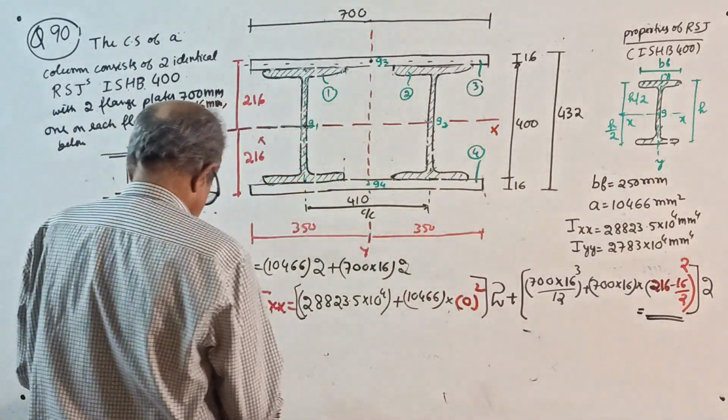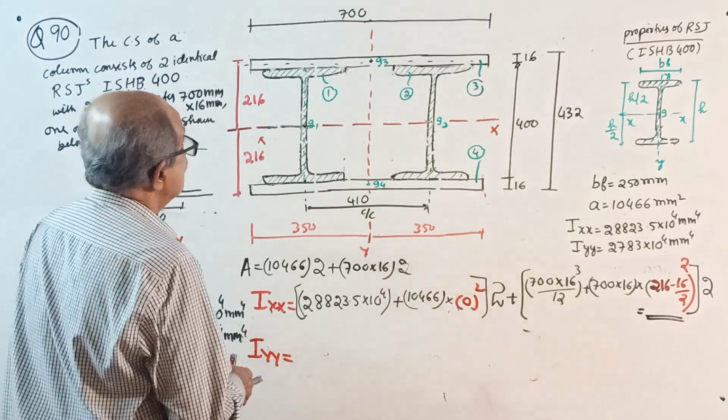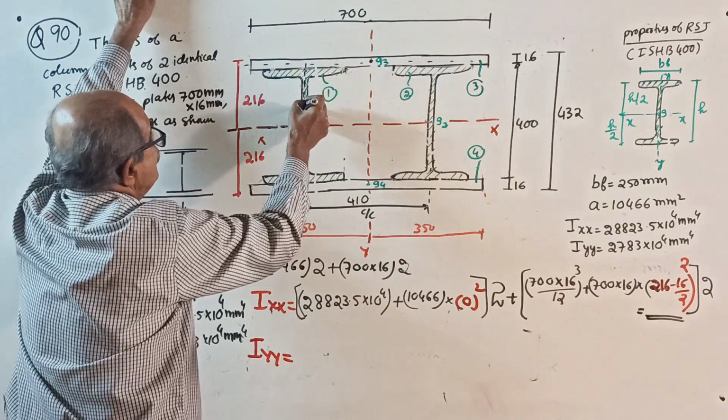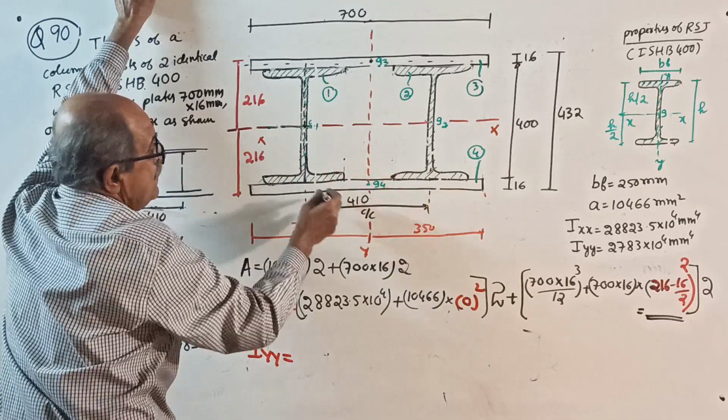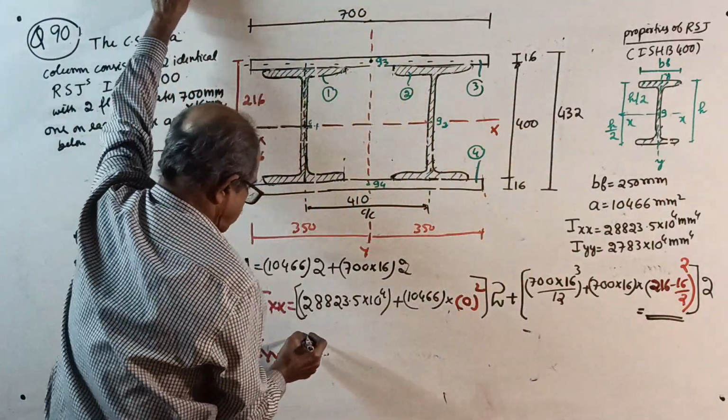Next, I about YY. Start. First, I about its own YY axis, its own centroidal axis, that is this axis, is 2783 into 10 to the power 4.